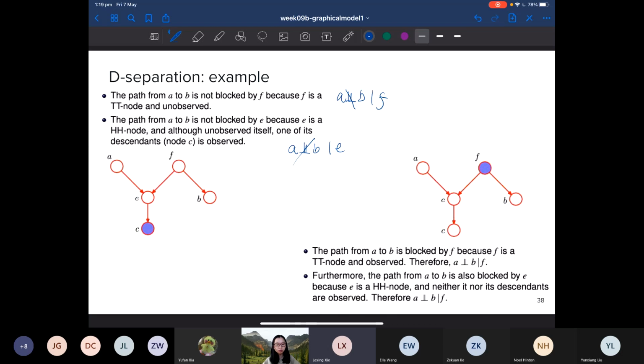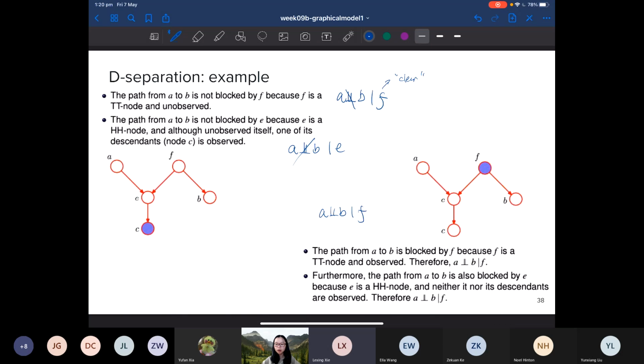Now let's swap which node is observed. So A and B given, right, so here F should be unobserved, and here E unobserved. If we have F observed, it's a tail-to-tail node, because then it's independent.